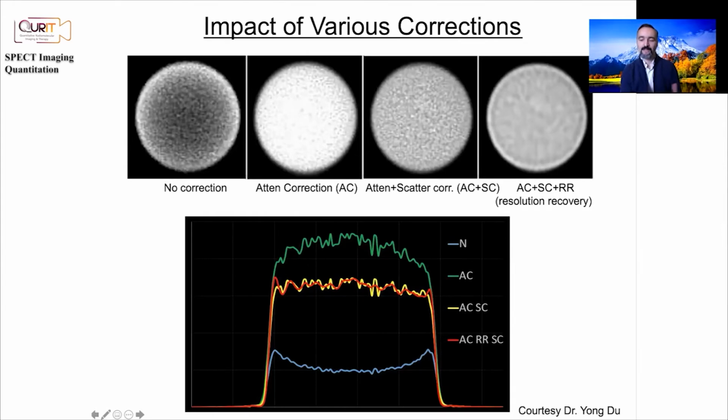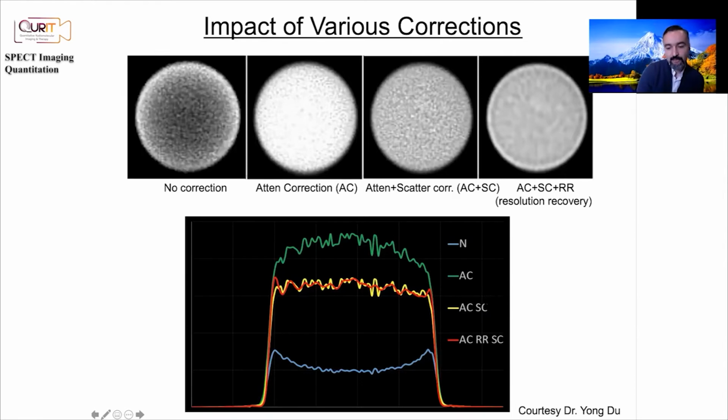Now you have another problem, that is scattering, because attenuation is a loss of events, especially from deeper structures. And now that you've corrected it, because you have a higher chance of also scattering from deeper structures, you are now getting a contribution from here. So you get this.